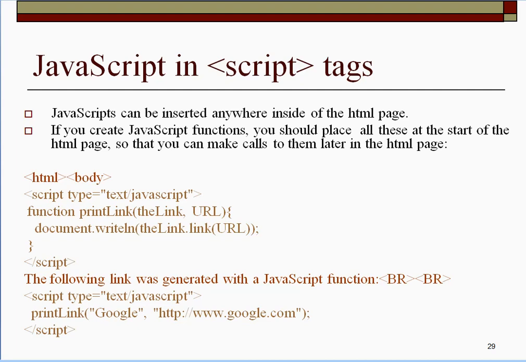In this case, what is shown is that we have two JavaScript blocks. One of them has a function definition, and the other one is just straight executable code. So it's good practice to put the definitions in the beginning so that anybody looking for them can spot them easily.